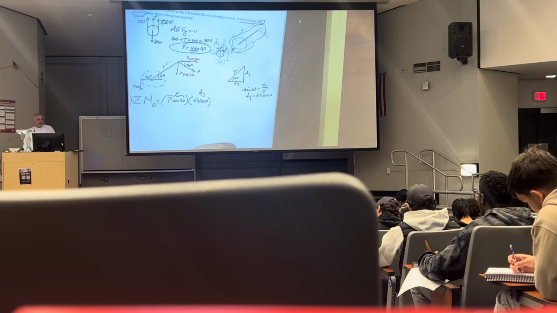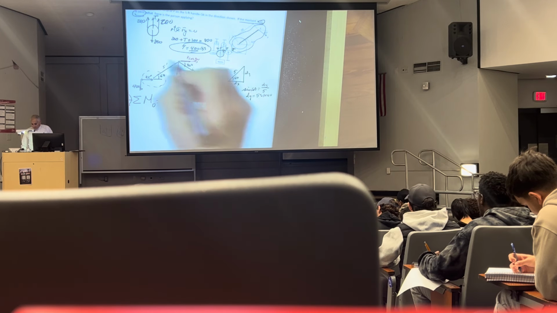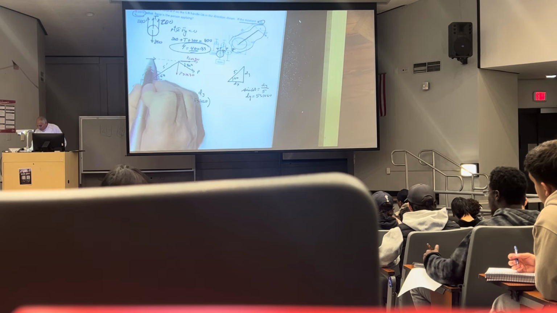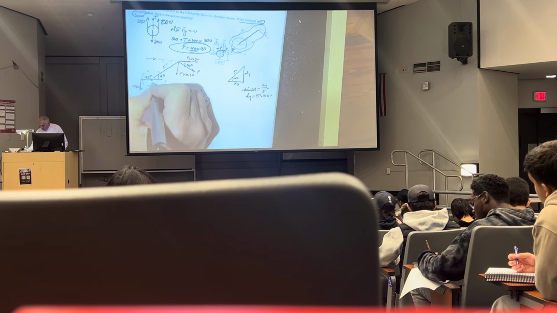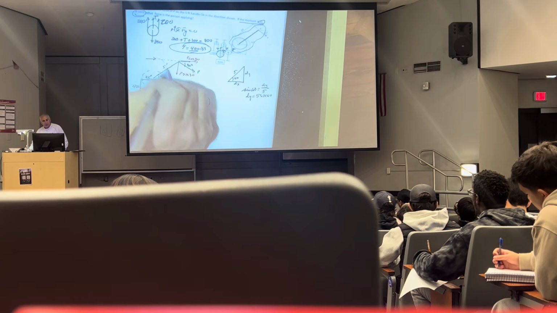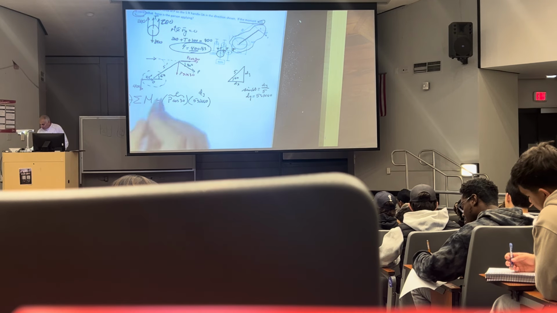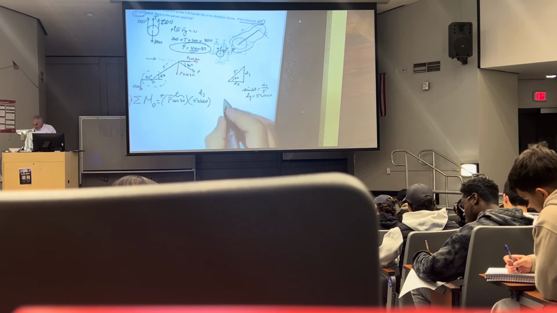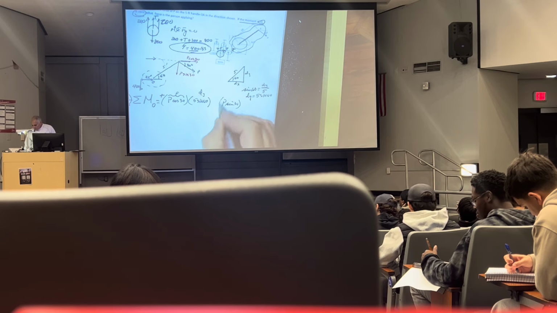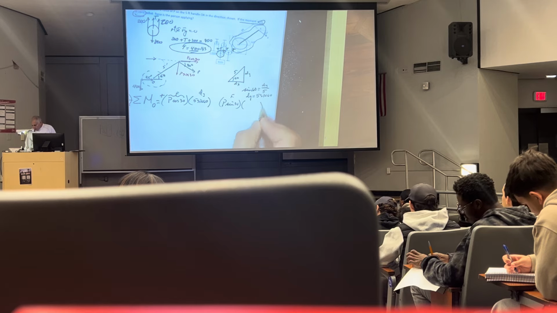I need a sine. Well, this guy's over here, so I can move it all the way over here by principle of transmissibility and go around O. Here's O. Going around O, what do I have? That's clockwise. I chose positive clockwise, so that's a positive. P sine 30. That's the force. I need a distance.